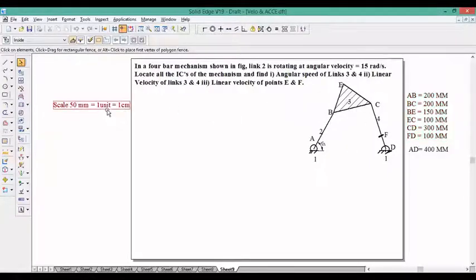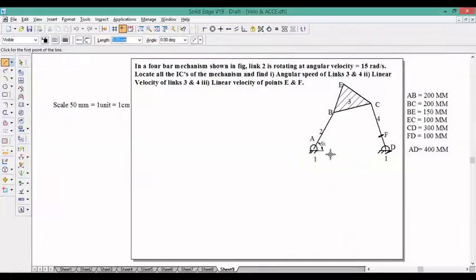So let us take the first step of the solution, that is drawing the configuration diagram. AB length is given as 200 millimeters. So we take 50 mm as the scale. 200 divided by 50 means a 4 centimeter line, at an angle of 60 degrees.